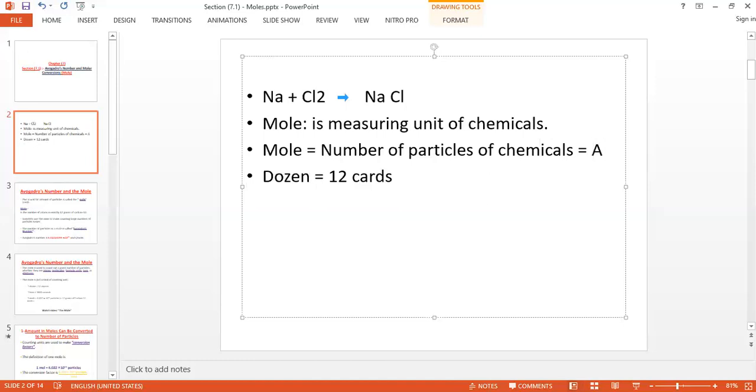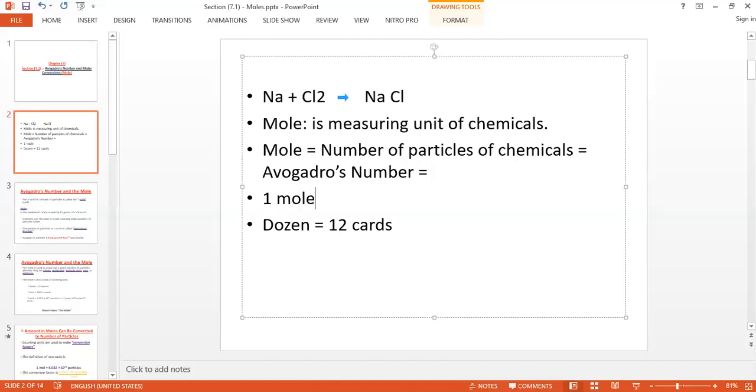He said that Avogadro's number is the number of particles in any chemical, and this number equals a mole of any chemical. So simply, 1 mole of any substance equals, yes, Avogadro's number.